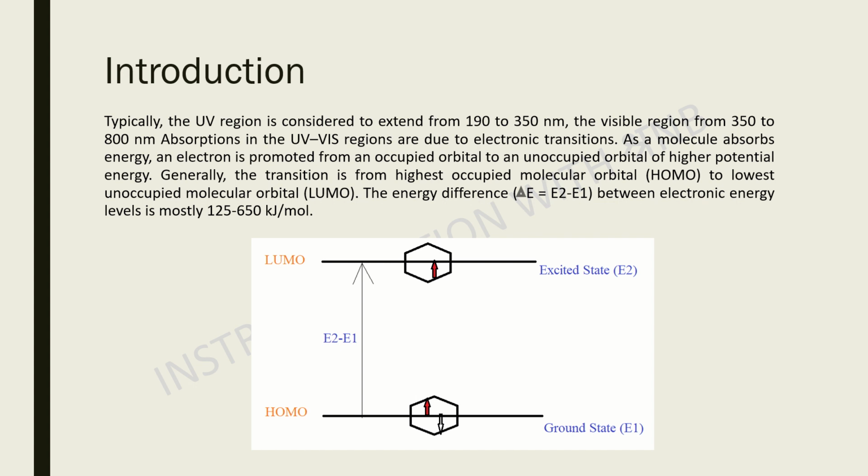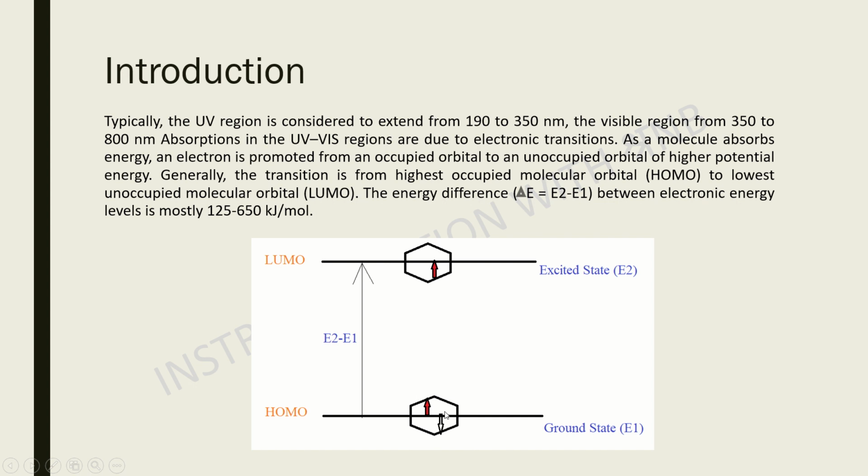I have already told you about electronic transitions in my previous video. As you can see, the molecule absorbs energy and the molecular orbital is divided into two: highest occupied molecular orbital and lowest unoccupied molecular orbital.